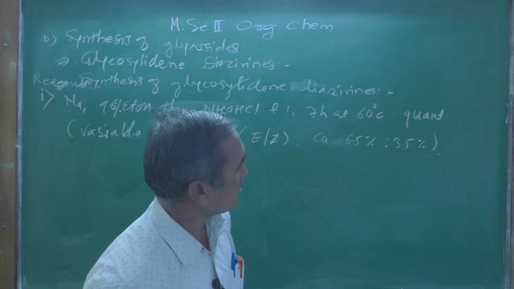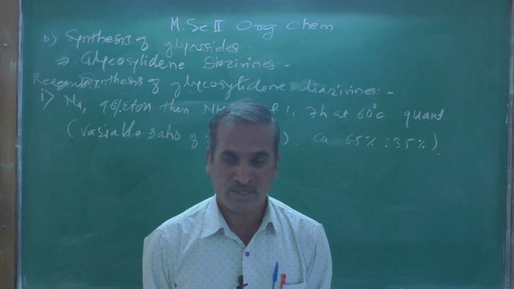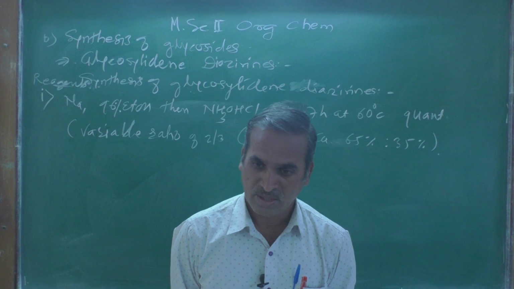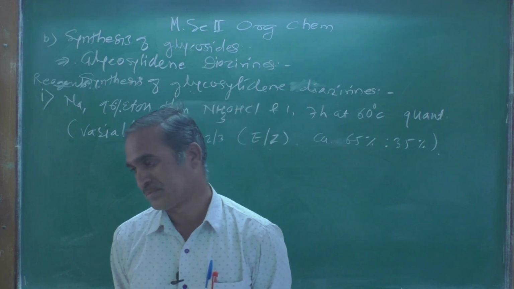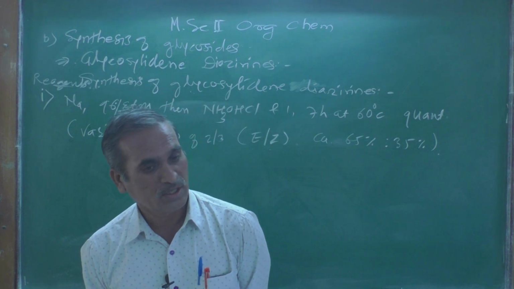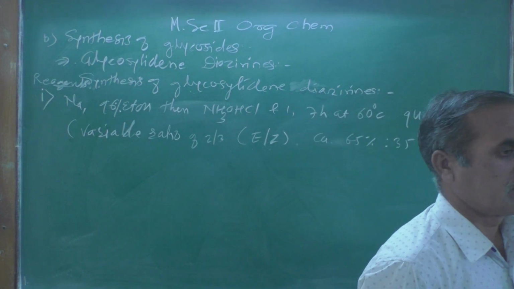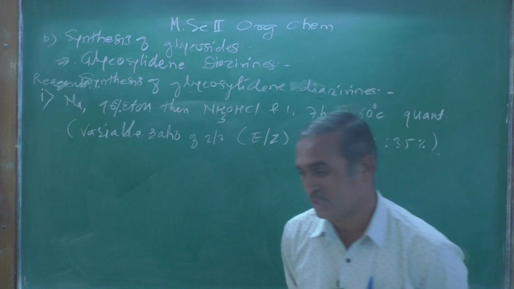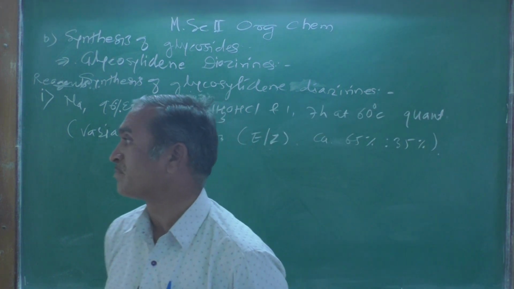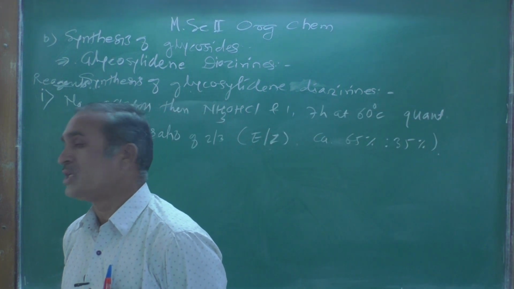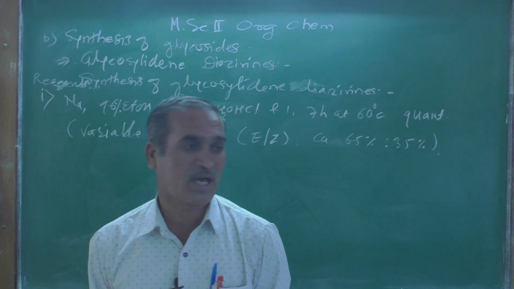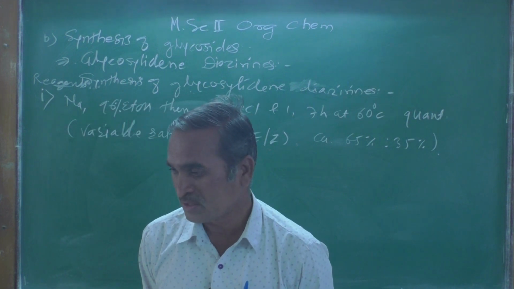And now E and Z. When such a carbon-carbon double bond is in a complicated system, we cannot identify whether the compound is cis or trans.